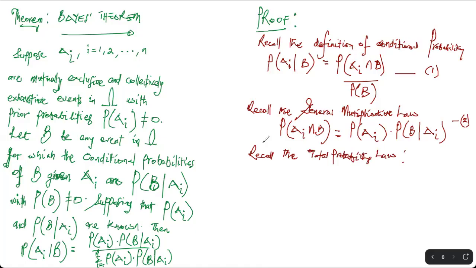It says that the probability of B is the same as the sum of the probability of Ai multiplying the probability of B given Ai. So this is 3.